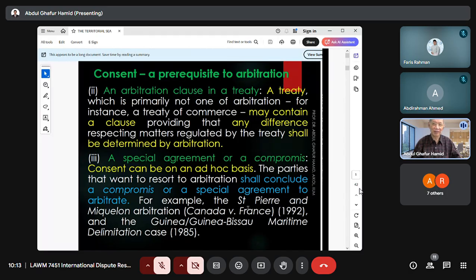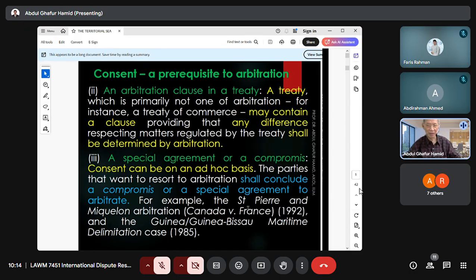For a particular case or dispute between two parties, the two parties enter into a special agreement known as a compromise, and then they submit to arbitration for that particular case only, for that particular dispute only. That is called a special agreement or compromise. This is one way of giving consent to arbitrate.